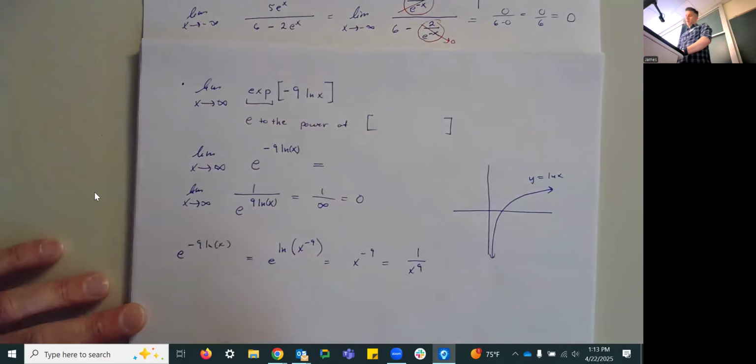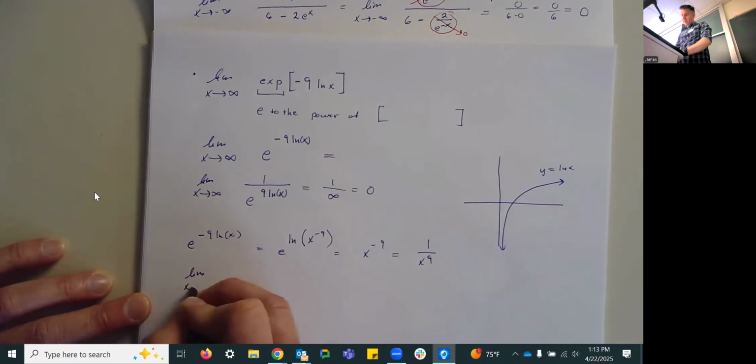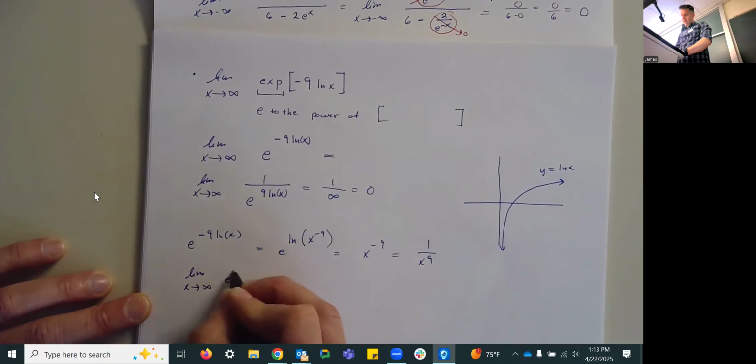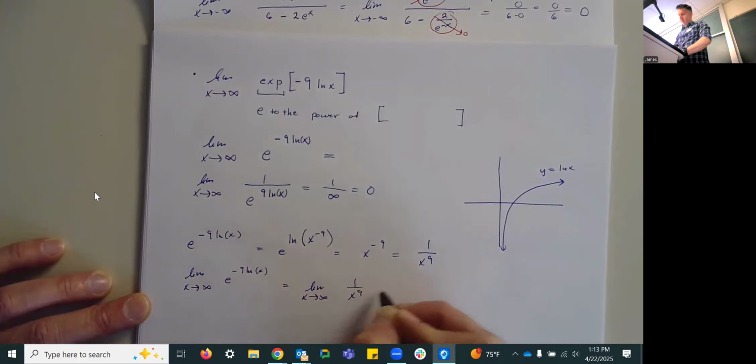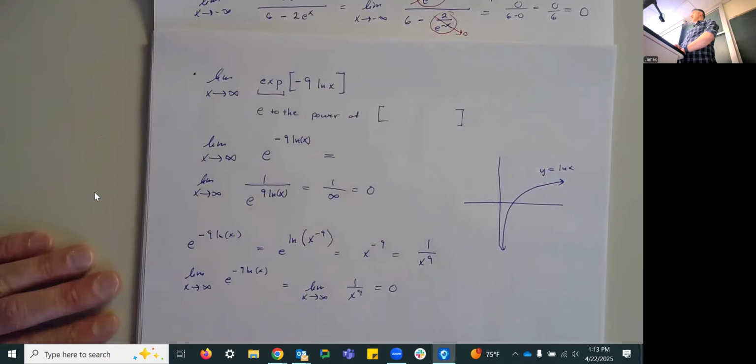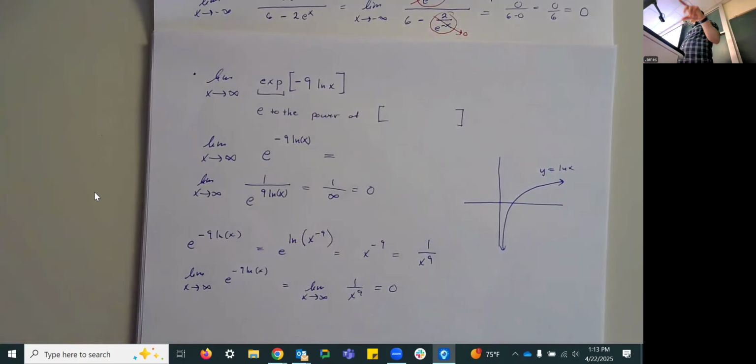And then you could say, cool, the limit as x goes to infinity of e to the -9 natural log of x is the same as the limit as x goes to infinity of 1 over x to the 9th, which is 0. Because again, dividing by a really big number. The problem is, for the other half of this question, it totally fakes you out.